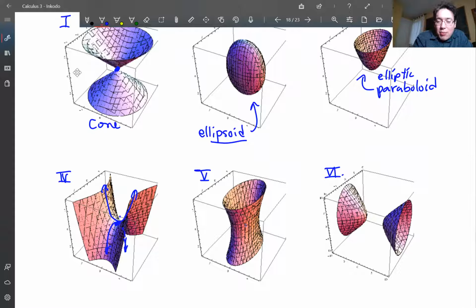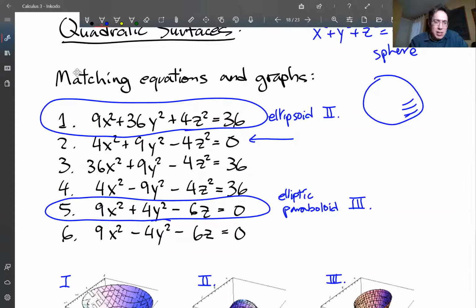So I'm looking at the four equations that are left. And well, the ones that have constant terms on the right-hand side, if I plug in 0, 0, 0 for x, y, and z, this equation is not satisfied, while equation number 2 and equation number 6 do satisfy it, with x, y, and z equal to 0.